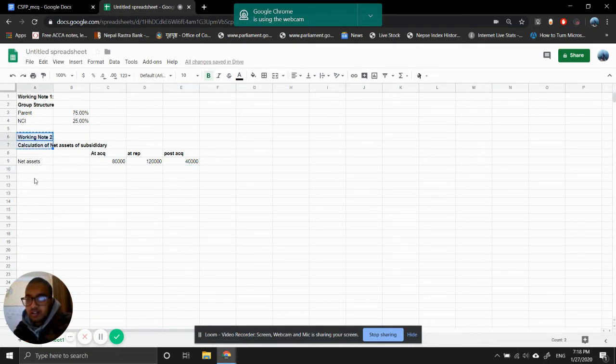After that, let's calculate the goodwill. Calculation of goodwill: cost, the value of NCI, less net assets at acquisition, gives goodwill at acquisition.